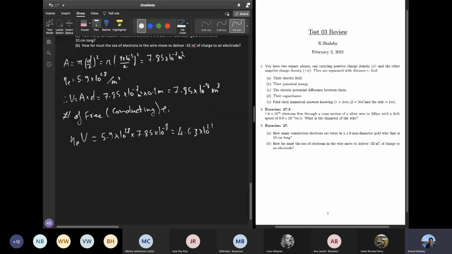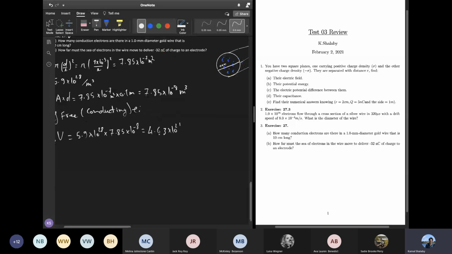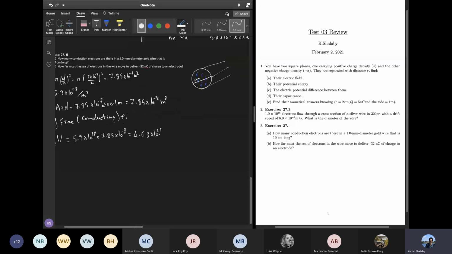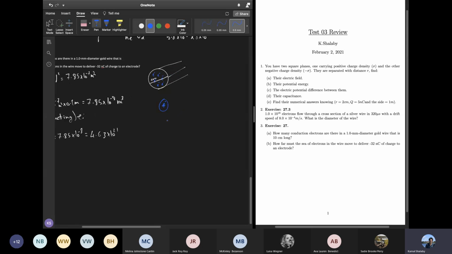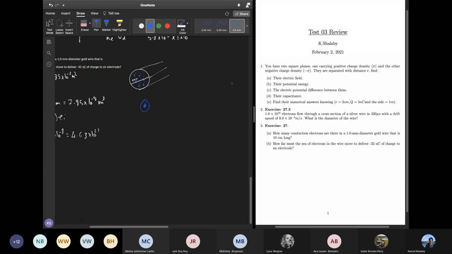Those electrons are just point charges, each electron a negative point charge. Now what is the equation of an electric field? The electric field is equal to KQ over r squared. So how far must the sea of electrons in the wire move to deliver negative 32 nanocoulombs of charge to the electrode?